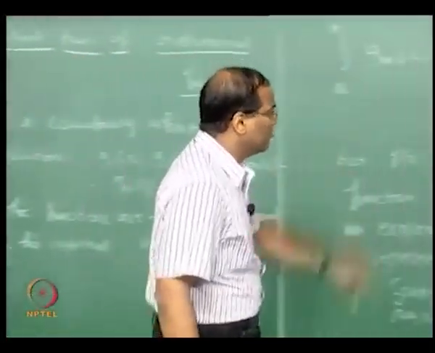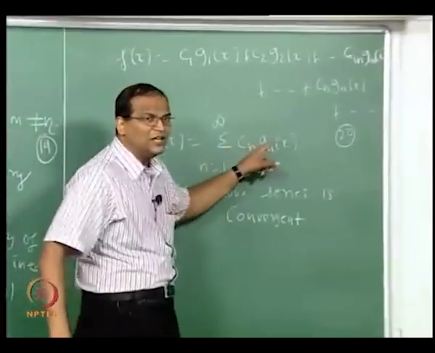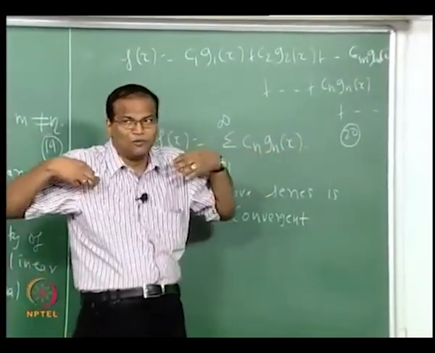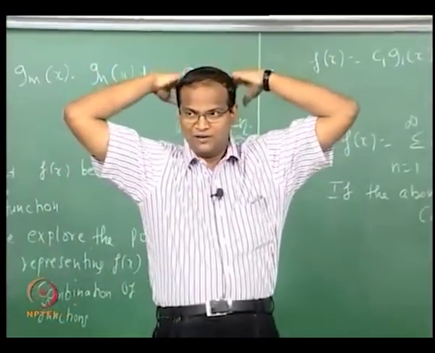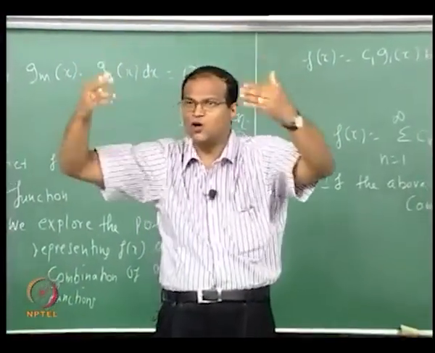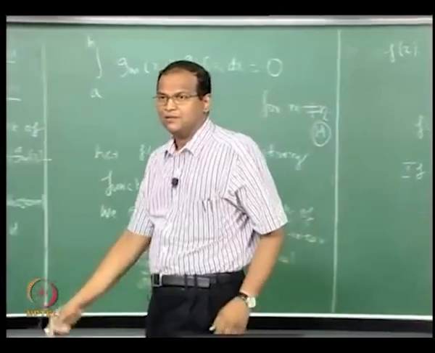That is, C1, C2, C3, C4 will be very important compared to C11, C12, C13, C14. Later terms of the series will not contribute much to the summation.